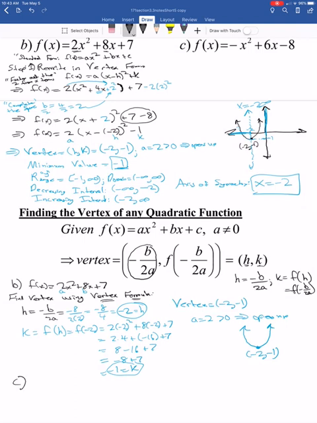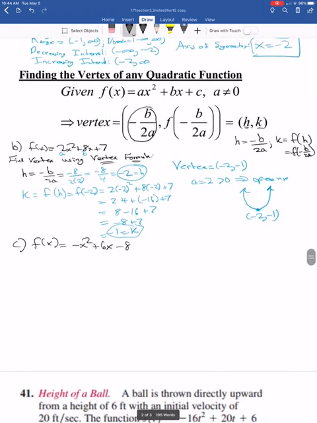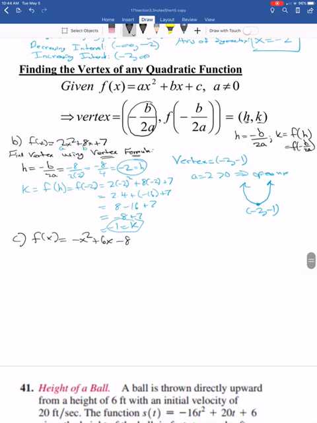Let's take example C. I've got f of x equal to negative x squared plus 6x minus 8. All right, let's graph and analyze this quadratic. Now again, I'm going to use the vertex formula.